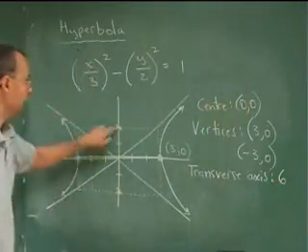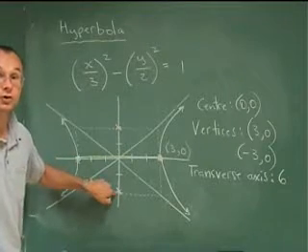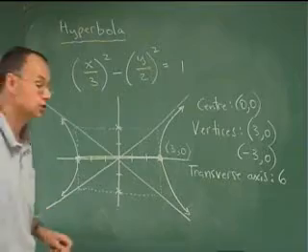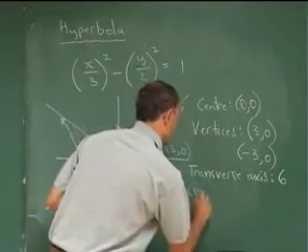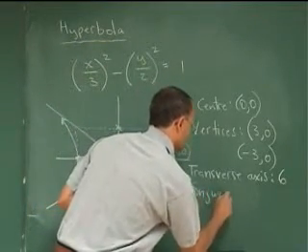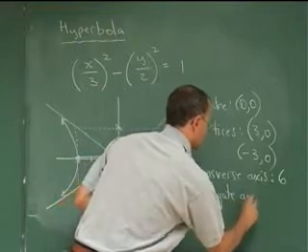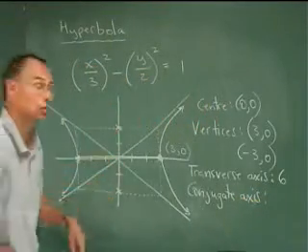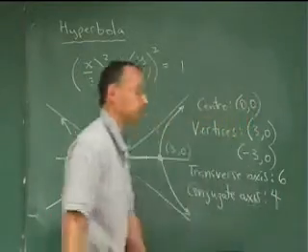The other axis actually doesn't go from a vertex to a vertex, but it is an important dimension, and that is called the conjugate axis. And in this example, it was a length of 2 and 2, which is 4.